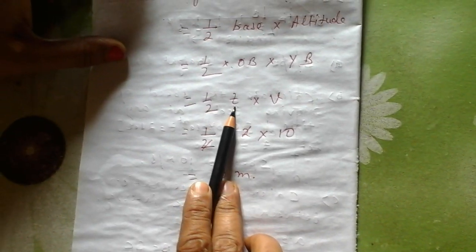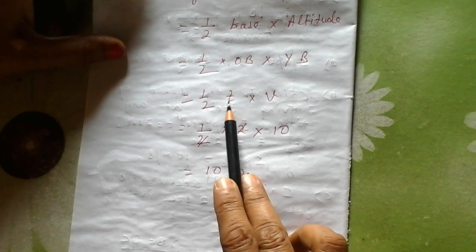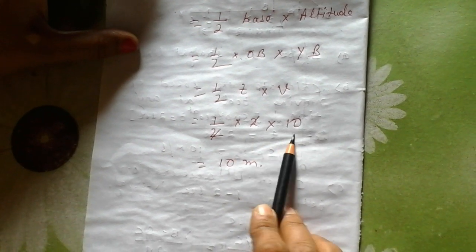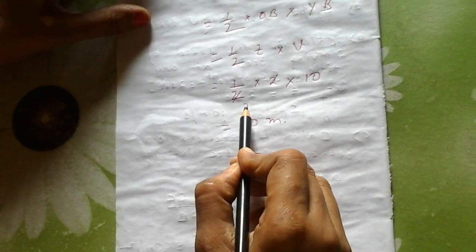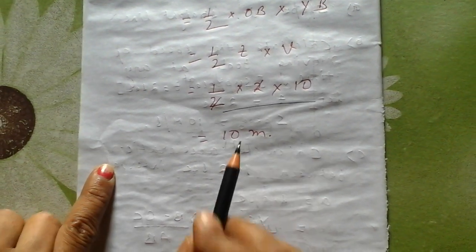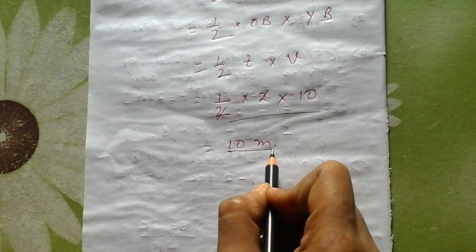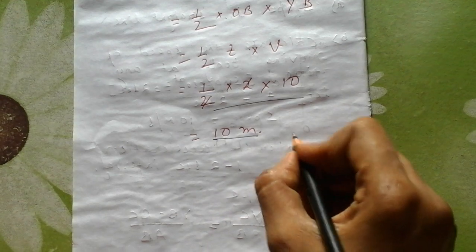The time we have taken is 2 seconds, from 0 to 2 seconds. The velocity at 2 seconds is 10 meter per second. I have done the calculation, and it is 10 meter. So the distance travelled by the body is 10 meter. Like this we can calculate acceleration and distance travelled.